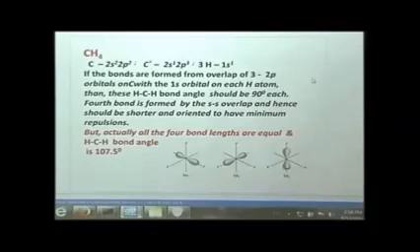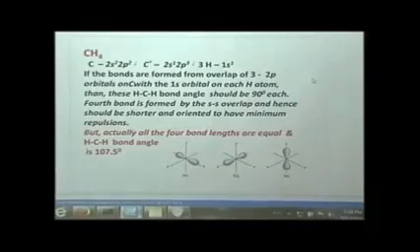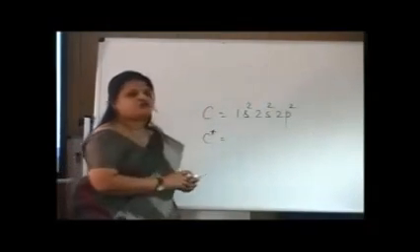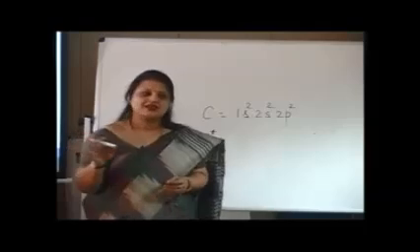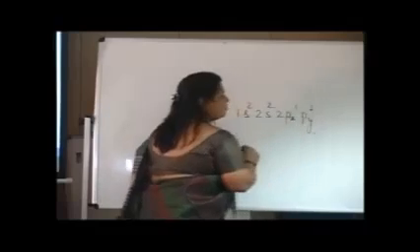So on the basis of Pauling's theory, let us try to explain the shape of the CH4 molecule. For the CH4 molecule, the electronic configuration of carbon is 1s2, 2s2, 2p2. Since I have to form 4 bonds, at least I should have 4 unpaired electrons.